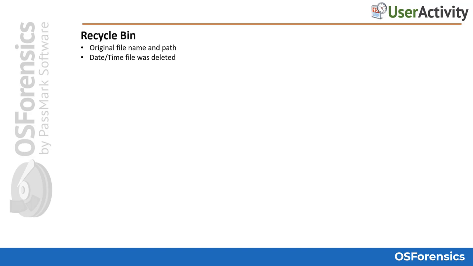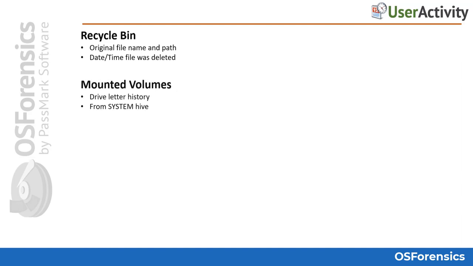Now, the information file associated with that deleted file will have the same file name, with the exception that instead of beginning with a $R, the information file will begin with a $I instead. And so OSF's recycle bin parser here reviews the contents of the $I file and displays the files in the recycle bin as they were prior to the deletion by the user. So it's just a lot more friendly way to view the contents of a recycle bin.